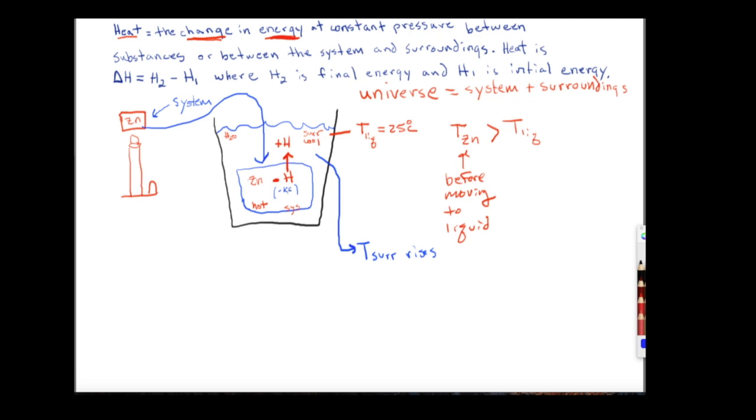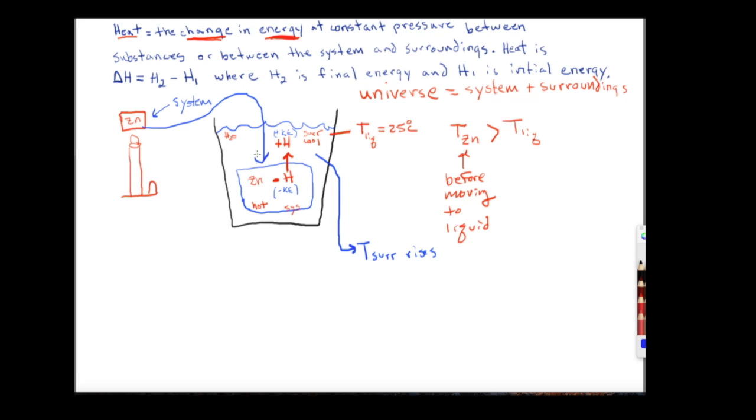So kinetic energy will move from the zinc metal into the surroundings. All of this is perfectly consistent with what we're talking about right now. We're just calling it something different. I've changed the name of this to H, right? So the temperature of the surroundings is going to go up. Energy is moving into the surroundings.